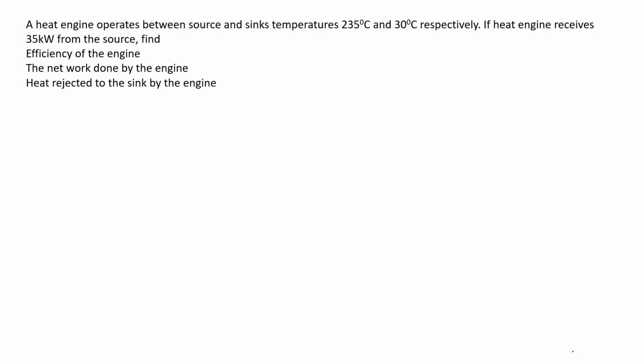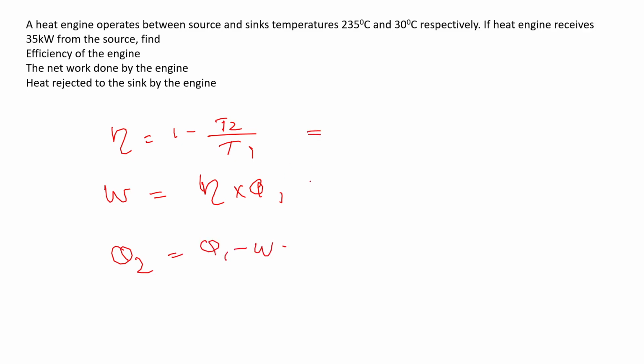Eta is 1 minus T2 divided by T1, W is eta times Q1, and Q2 is Q1 minus W. These are the hints.